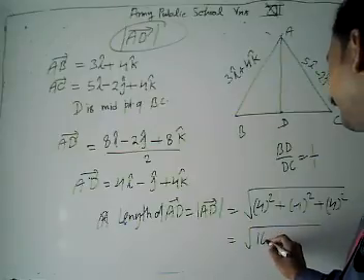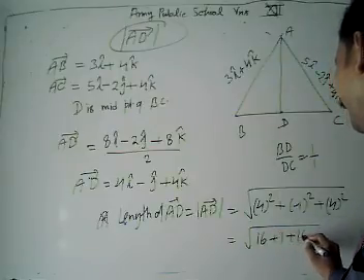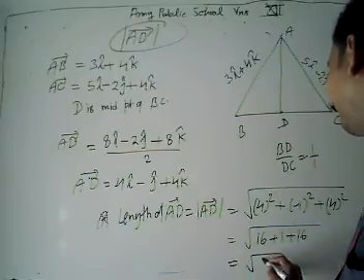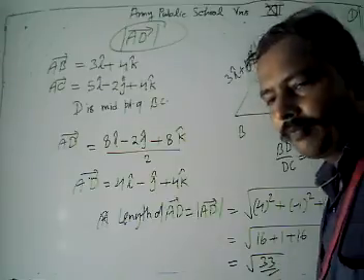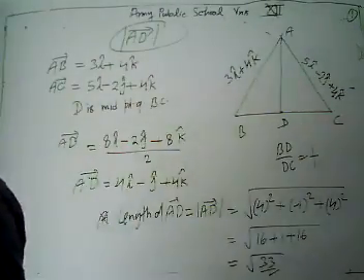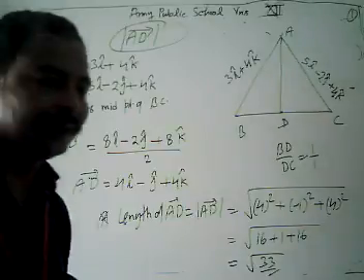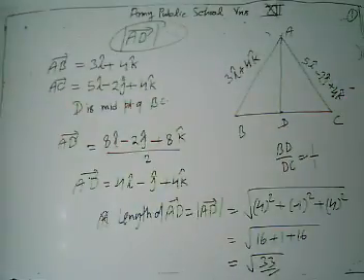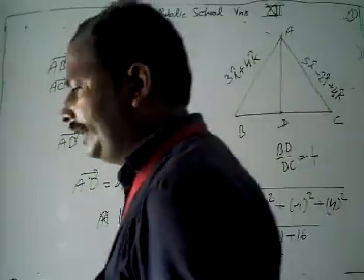Here we get 16, plus 1, plus 16, which is the square root of 33 units. This is our required length of AD, root 33.